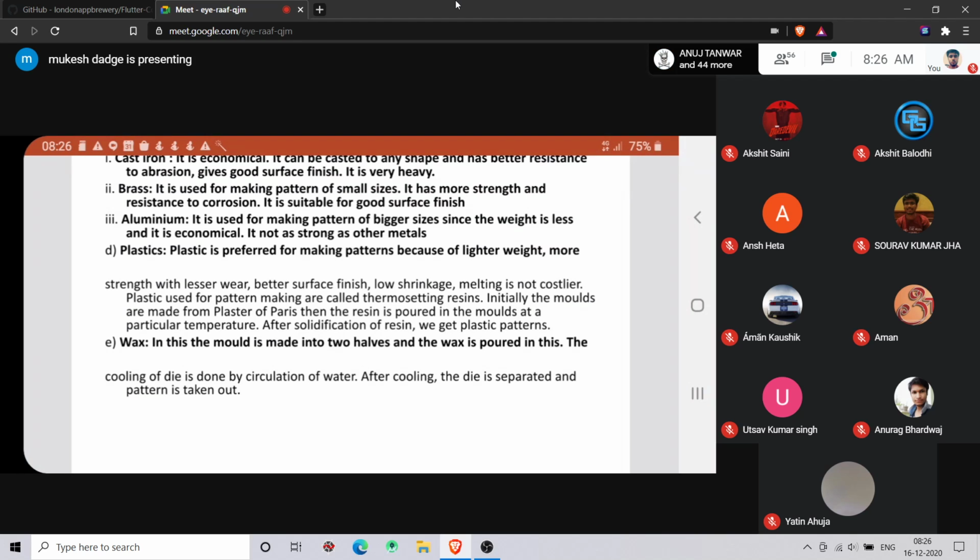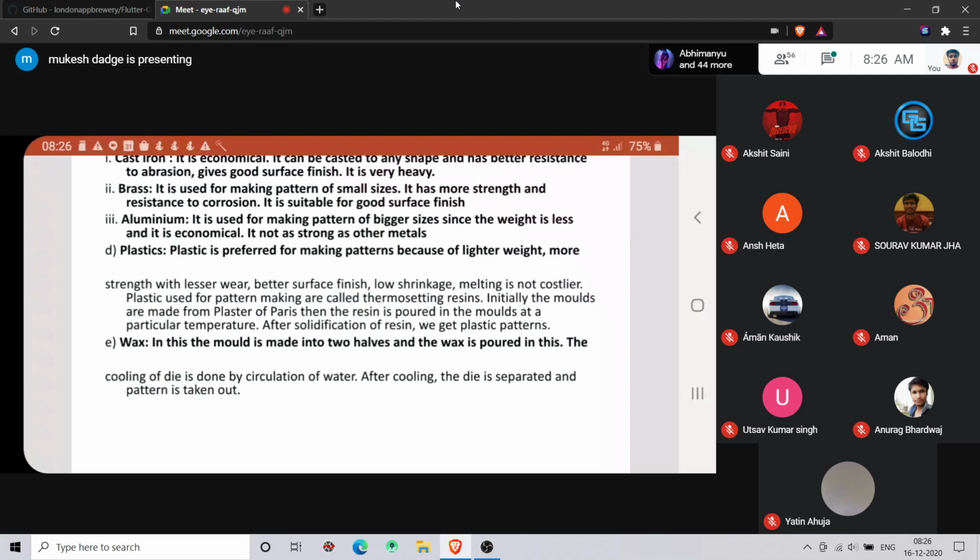So whenever you pour the molten metal in the cavity, that wax will melt and go outside. So that cavity will be created and filled with the molten metal. Just remember that wax is a material for the pattern.